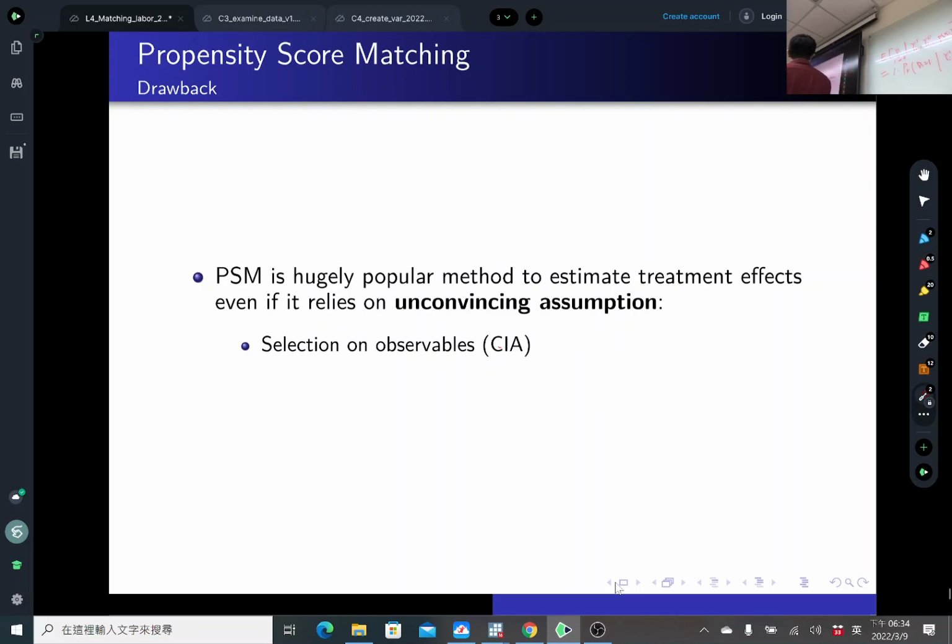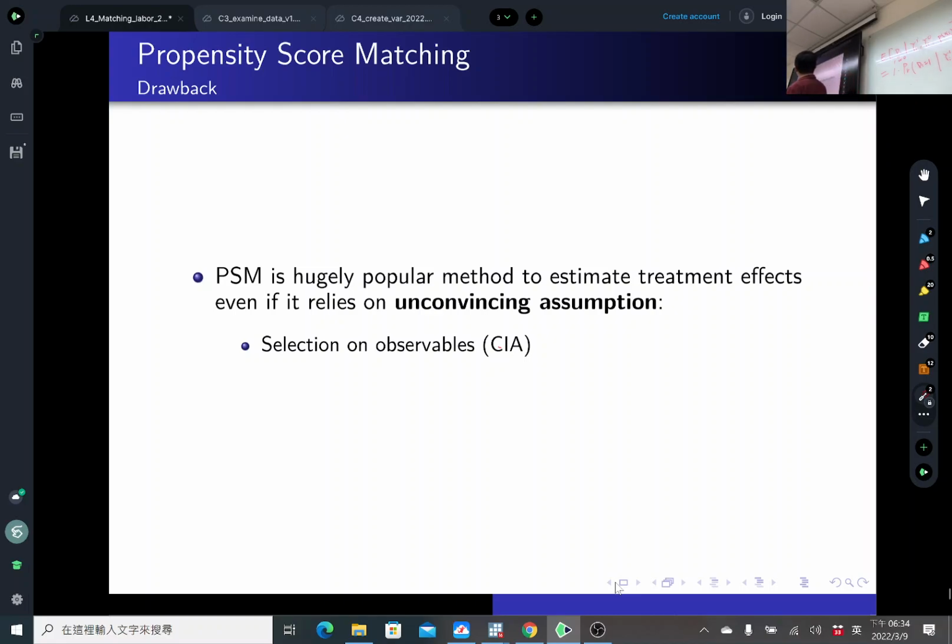But the main drawback is actually this assumption is not very convincing, because there are variables the researcher can observe or control, but some other confounding factors are unobserved by the researcher. And they might affect your treatment status and the outcome and generate a selection bias.